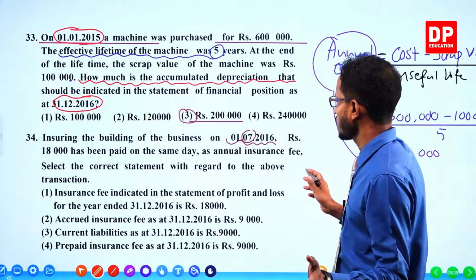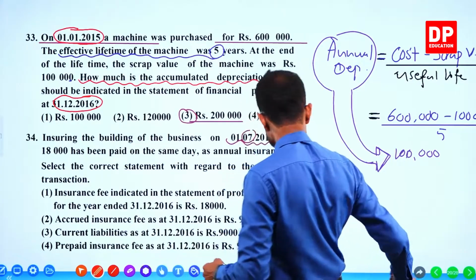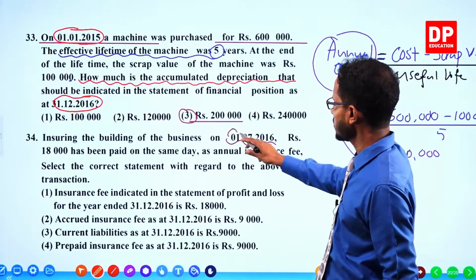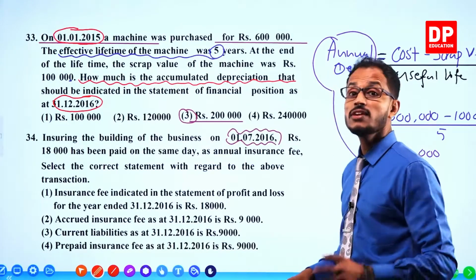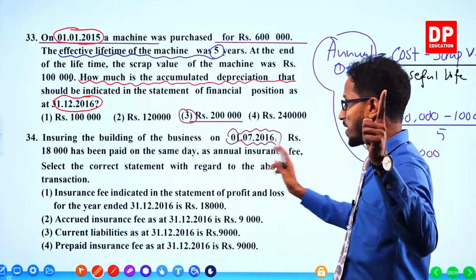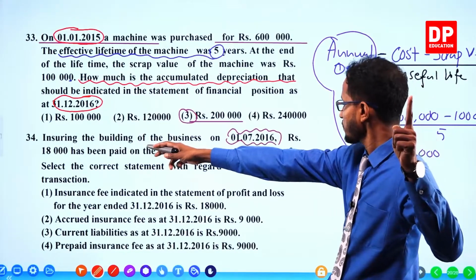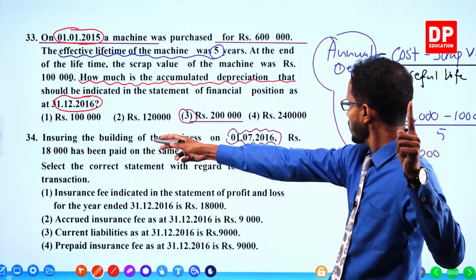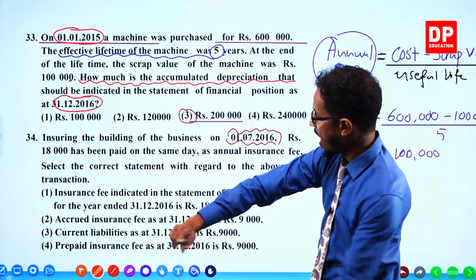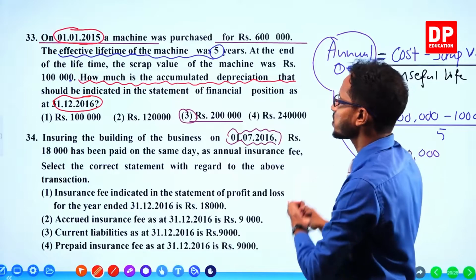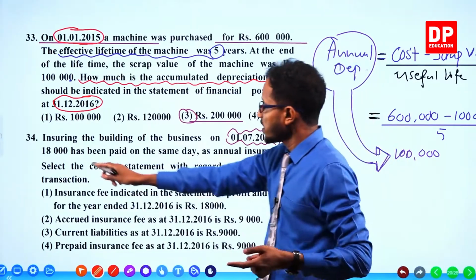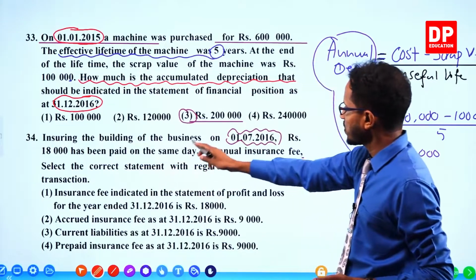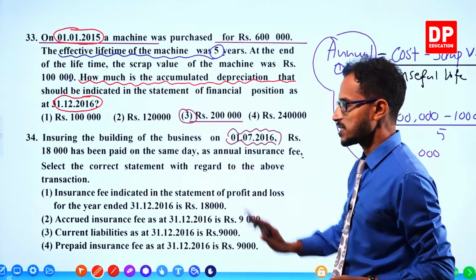Okay. Remember, this is July 1st 2016, paid for the whole year. Then annual insurance fee. Then select the correct statement with regard to the above case.